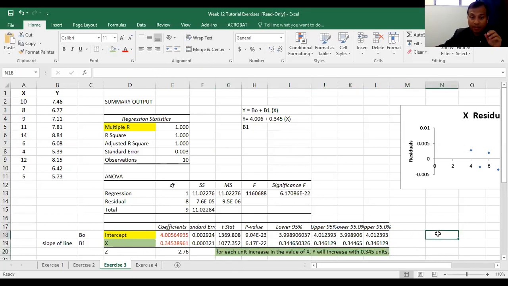This is it: for each unit increase in the value of x, comma, y will increase by the slope amount. But in case of minus 0.345, we will write for each unit increase of x, y will decrease by that amount, if the slope value is negative. But over here it is positive, that's why we are using increase. x will increase, y will increase, and see the trend.